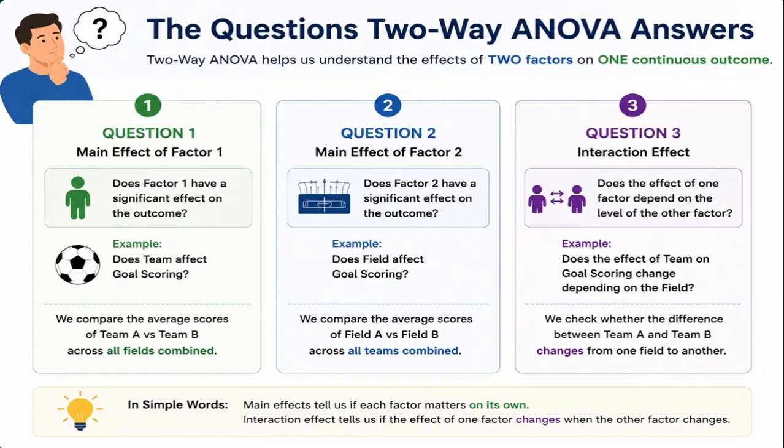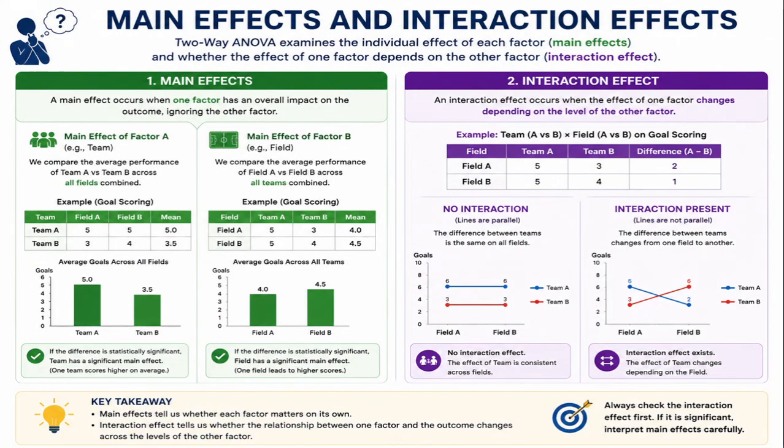So if the score of team A and then team B, do they change when you move them from one field to another? So we are taking this team and at the same time we are taking field. So we measure them on field A and then we measure their scores on field B. So that is where the interaction effect comes in.